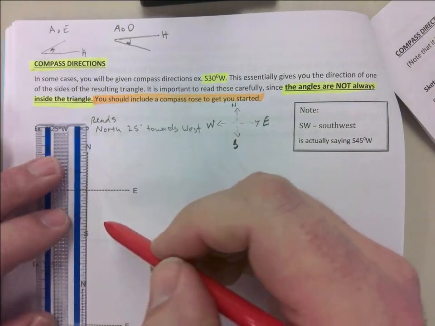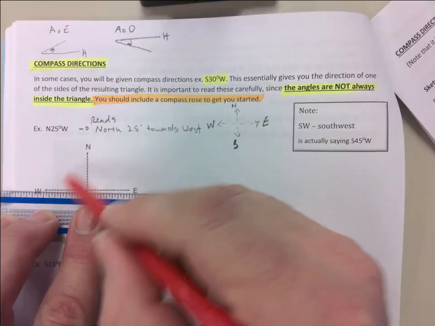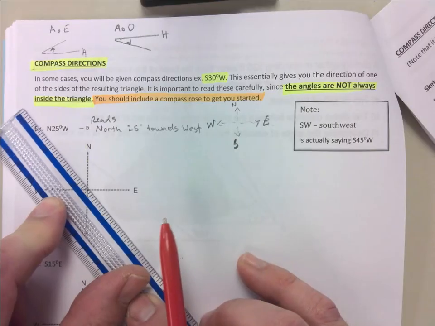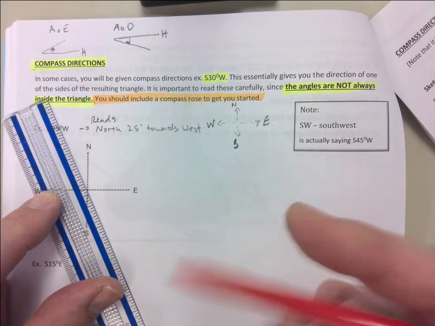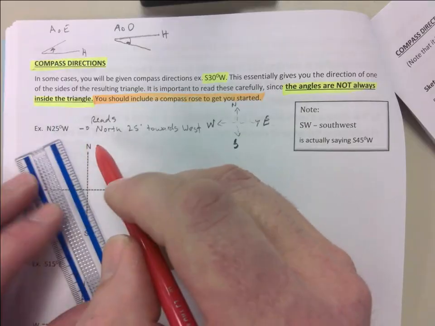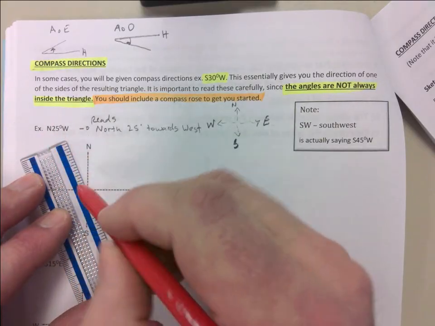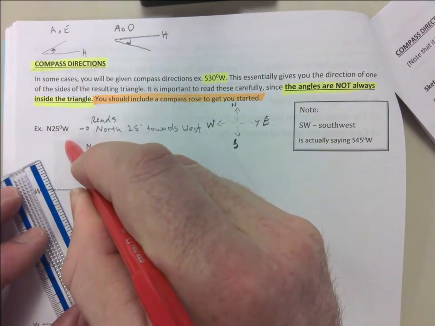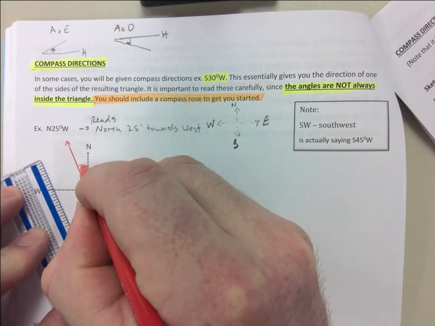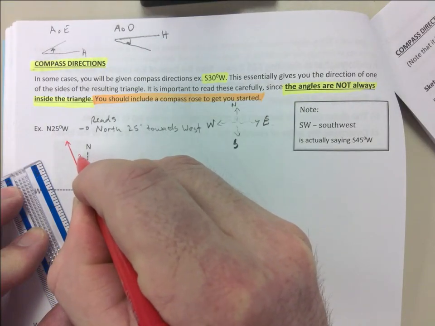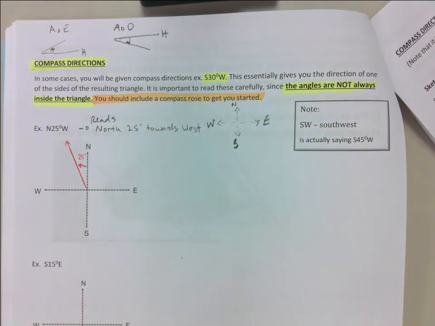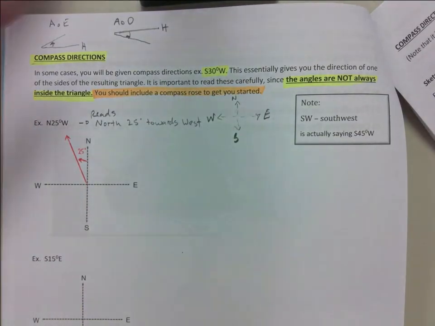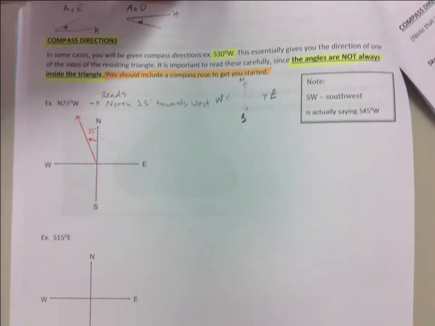We know that between north and west, there's a 90, so halfway would be a 45. You're going to come up with a 25-degree angle. So what this is saying is we're starting north, then we're turning 25 degrees west. So this is 25 right there, and that would be the resulting line, that would be the direction. You should be able to read that as well.